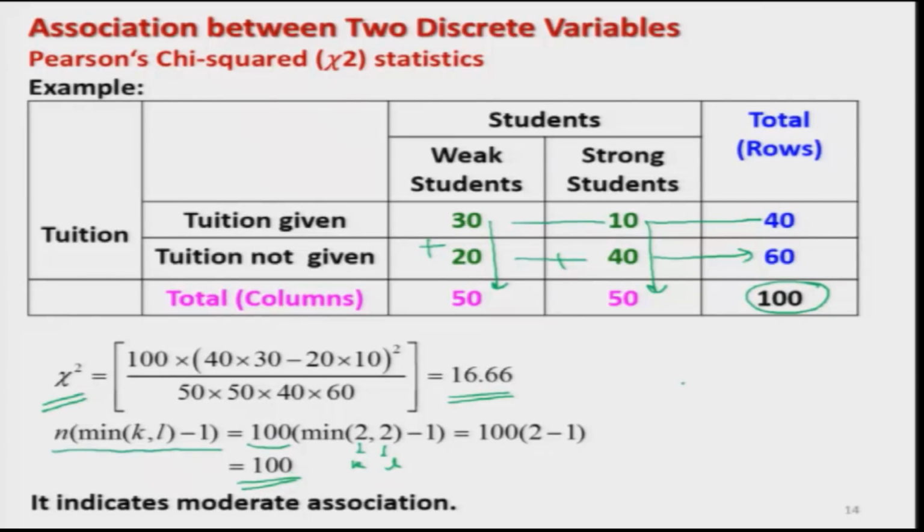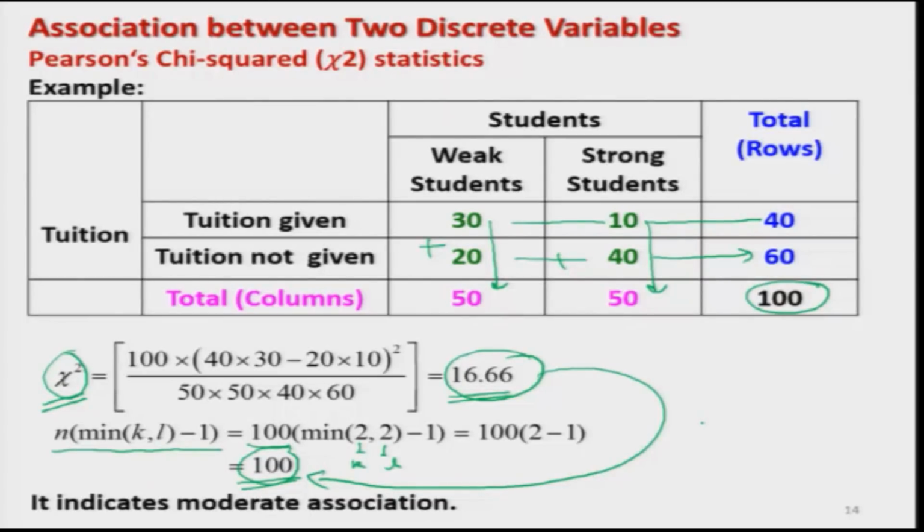Now you can see whether this value 16.6 is close to 0 or close to 100. This is what we have to see, and based on that we have to take a call on what is really happening. You can see that this chi-square value is not close to 0, but on the other hand it is also not close to 100, right?